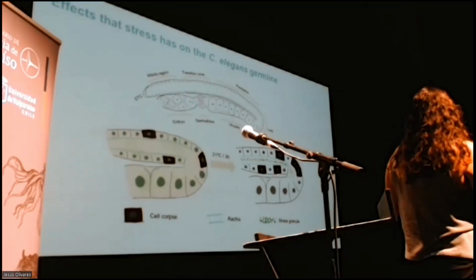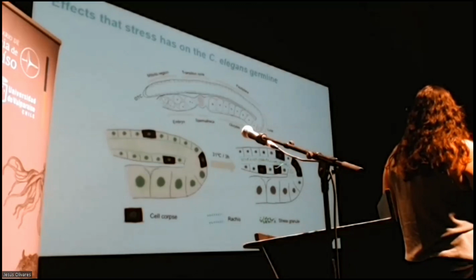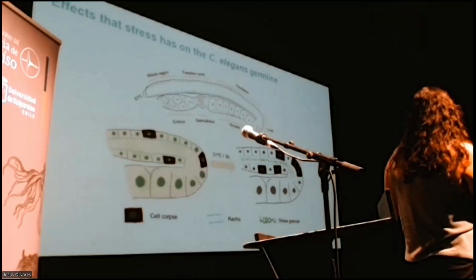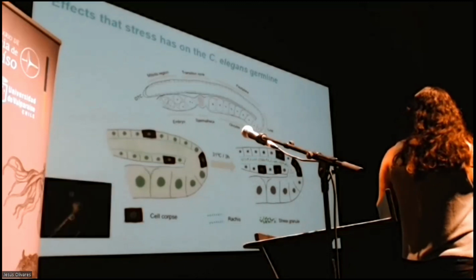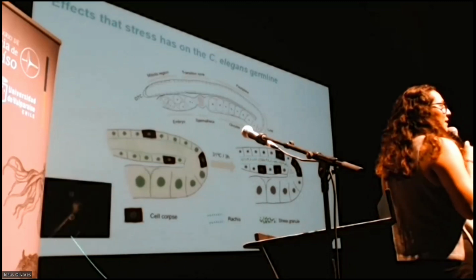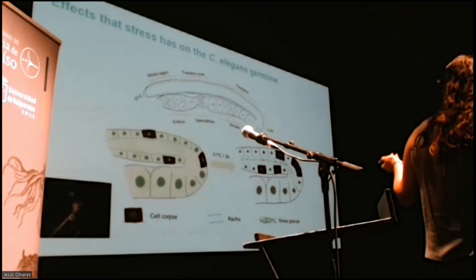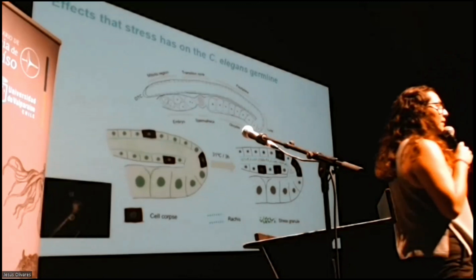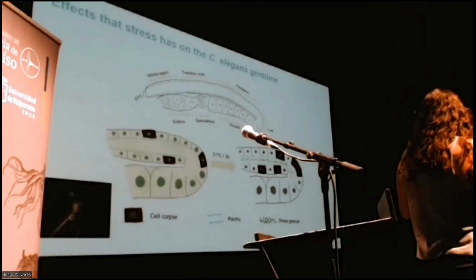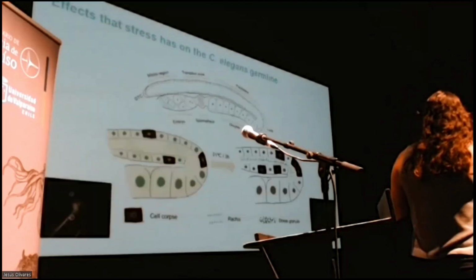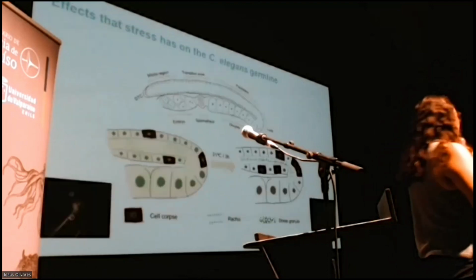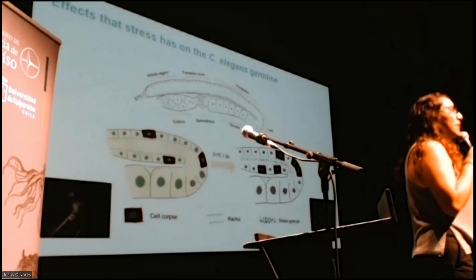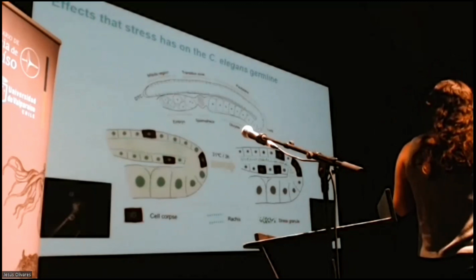We can see the increase of apoptotic cell corpses, the reduction of the rachis size, and also the formation of stress granules. This is how we can see the apoptotic cell corpses, reported with the CED-1 GFP strain. Here is how the stress granules look.